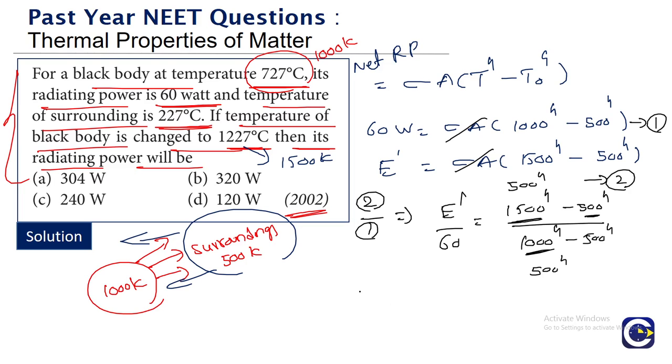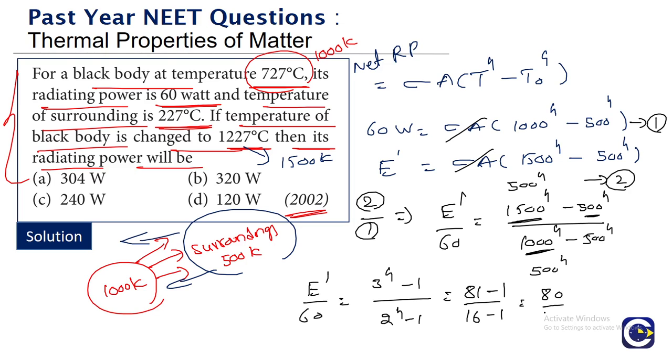If you take 500 power 4 common and cancel it off, in the numerator we will have 3 power 4 minus 1, and in the denominator 2 power 4 minus 1. 3 power 4 means 81, so 81 minus 1; 2 power 4 is 16, so 16 minus 1. So 80 by 15.